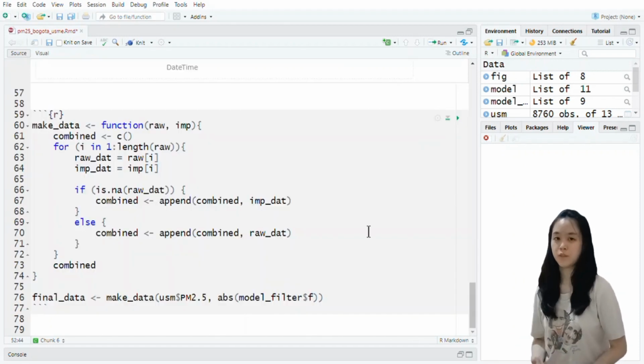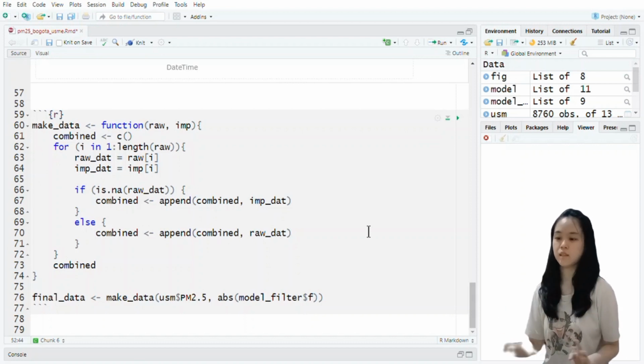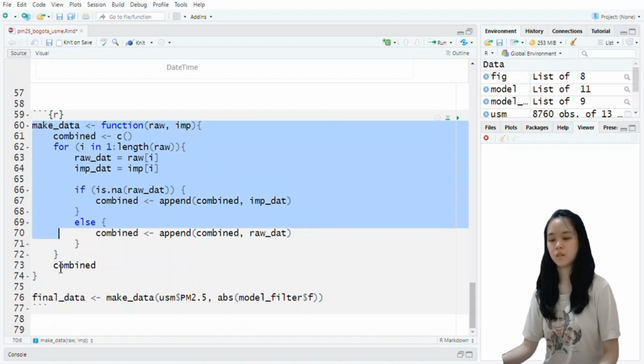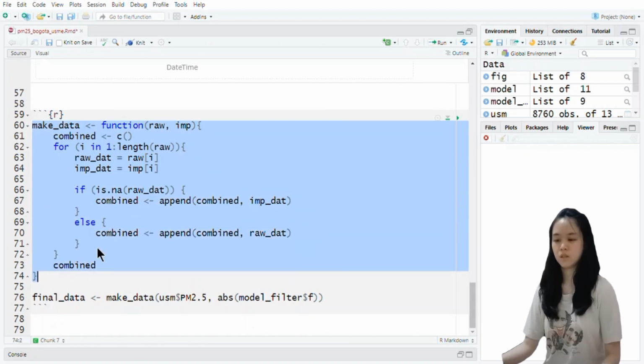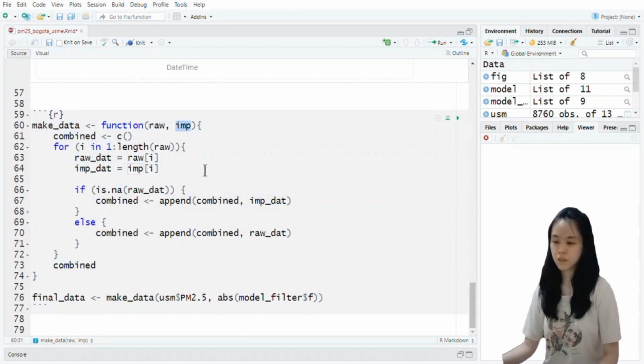Okay, so lastly, if we want to combine our data into a complete dataset, we can do that. So I've made a function to do it. Essentially, we are taking our vectors, the raw data and the imputed ones. The imputed one is the mean of the forecast distribution.